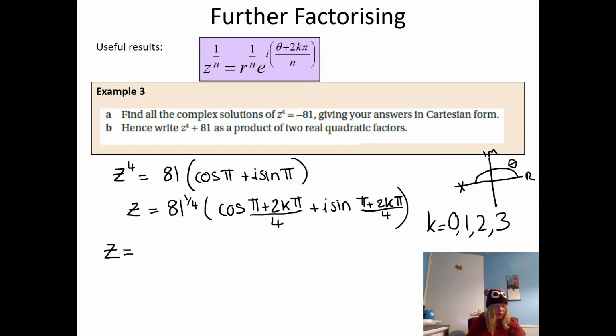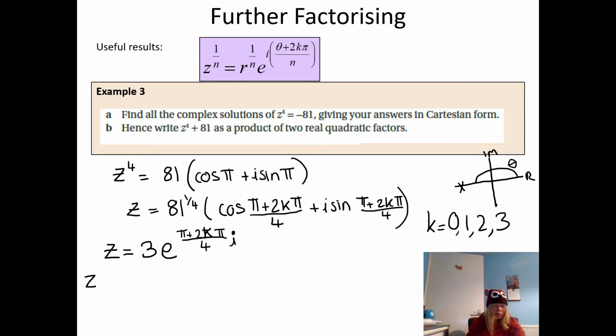What is 81 to the power of a quarter? I have a feeling I know the answer, but you might want to check it. Yep, it is 3. So that's 3 e to the (pi plus 2k pi) over 4 i, where k is 0, 1, 2 and 3. So you stick the k's 0, 1, 2 and 3 in, and you can get them in exponential form.